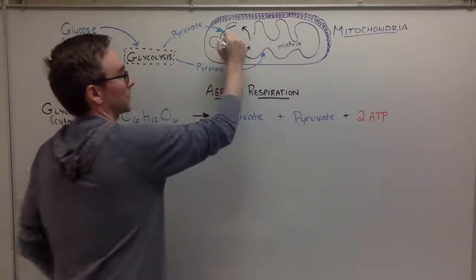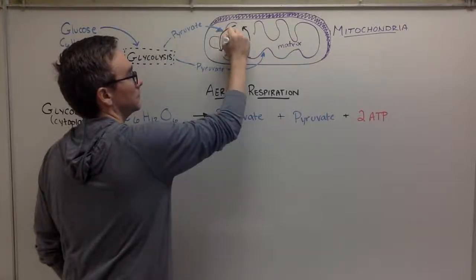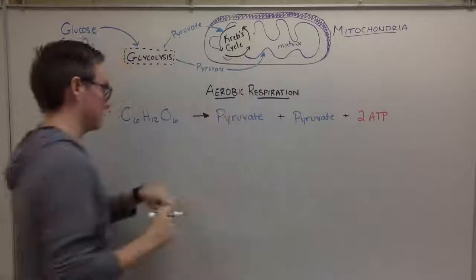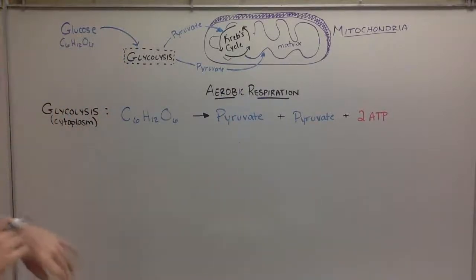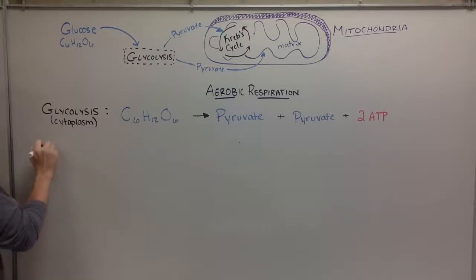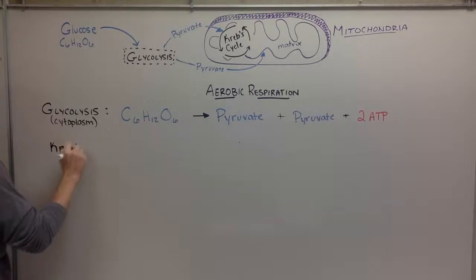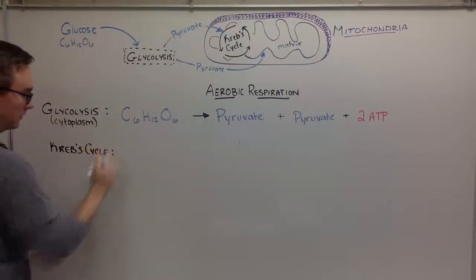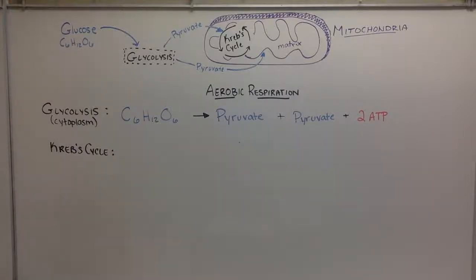We have something happening called the Krebs cycle, which is taking place in the mitochondria. More specifically, it's happening in the matrix.